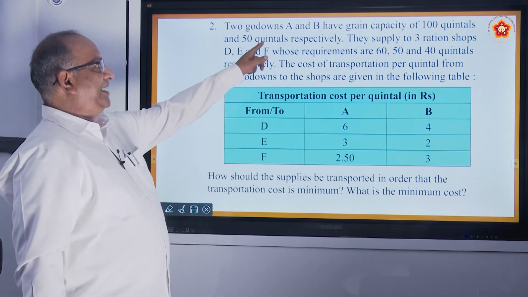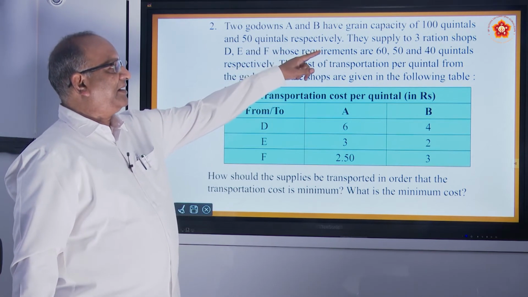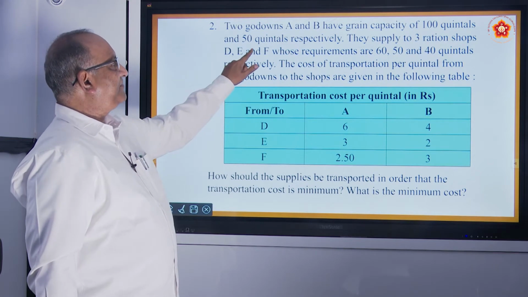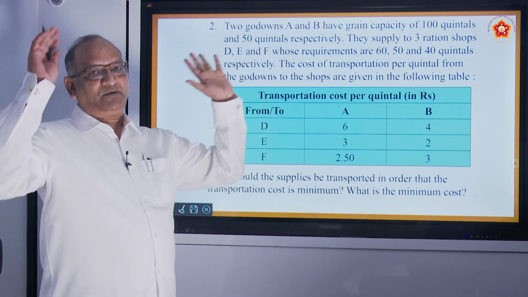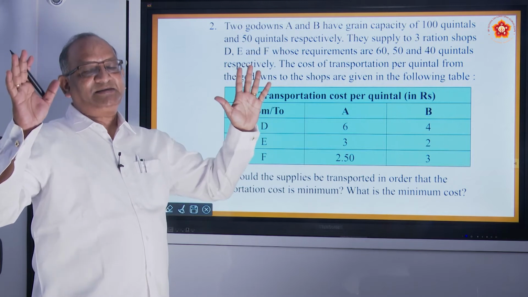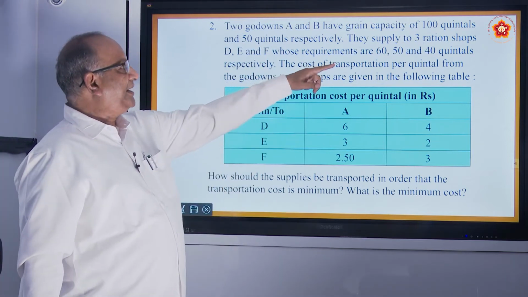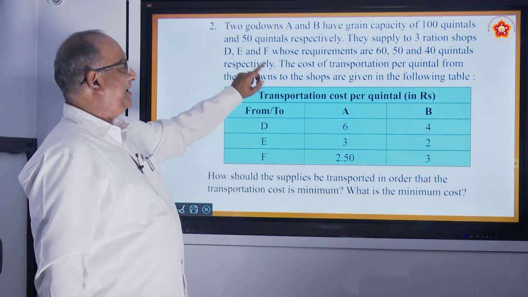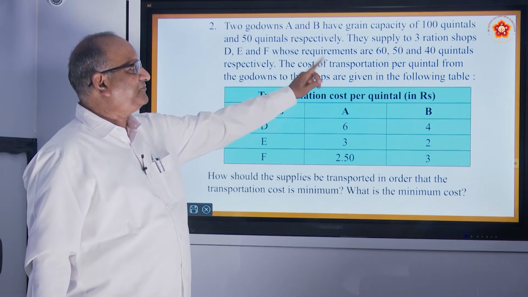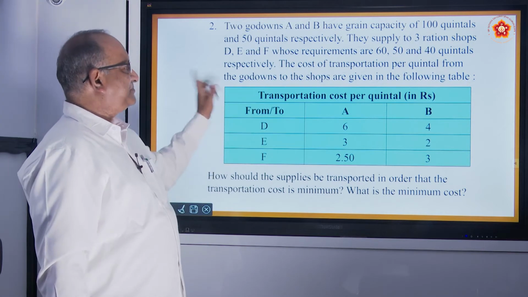Two godowns A and B have grain capacity of 100 quintals and 50 quintals respectively. There are two godowns. One can store 100 quintals, another can store 50 quintals. They supply to three ration shops D, E and F whose requirements are 60, 50 and 40 quintals respectively.